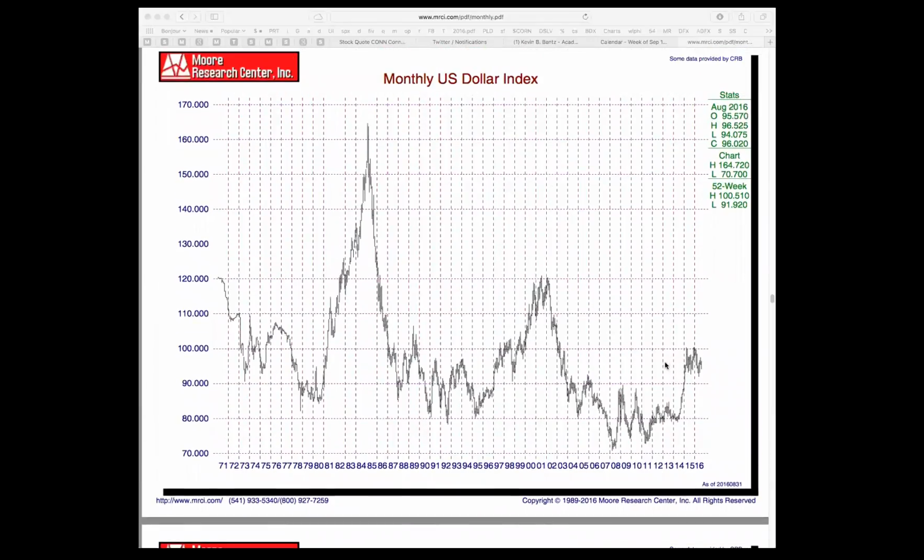Dollar index looks like a bull flag. Here, I'll draw this up. Bull flag. And then probably up to about here. All right, so this is a bull flag in my eyes. This is the bottom, so this is like 5 of 5.